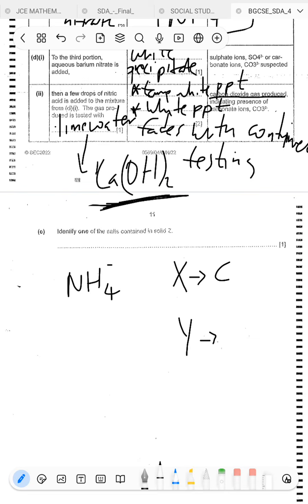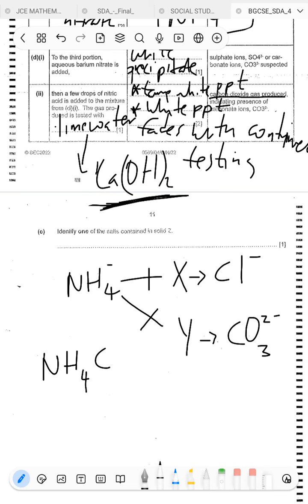The first one we confirmed to be Cl minus, then the other one confirmed to be a carbonate ion. Therefore, if you combine these, you get ammonium chloride. And then you get ammonium carbonate.